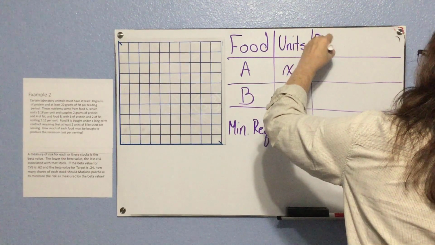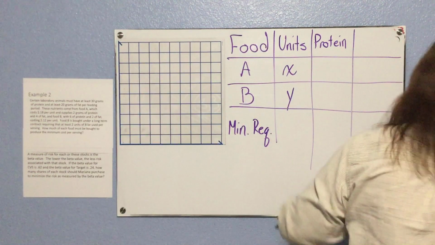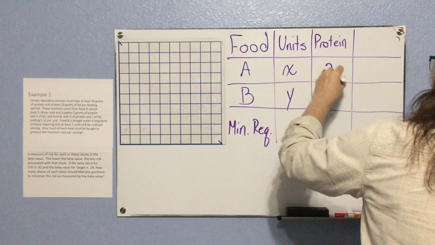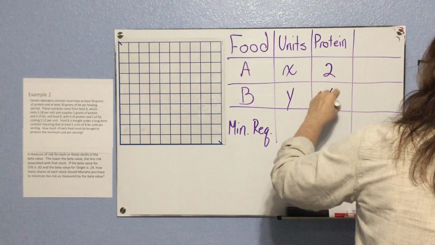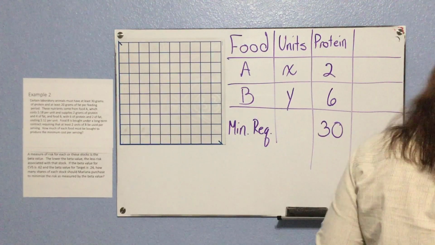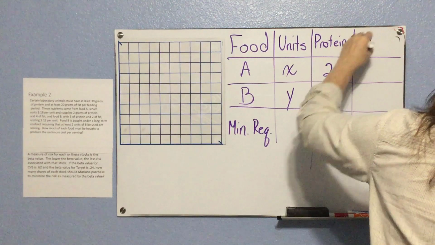And now we're going to look at protein. Food A has 2 grams of protein. Food B has 6 grams of protein, and we need a minimum requirement of 30. Now we'll look at fat.